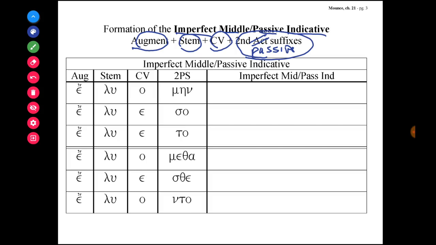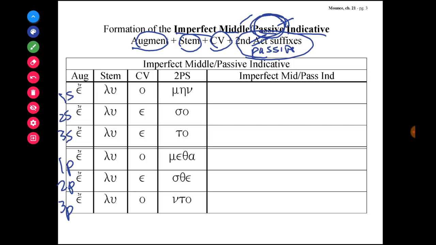And just for simplicity's sake, let's translate the form as a passive, although for each of these forms, the first person singular, second person singular, third person singular, first person plural, second person plural, third person plural, these forms can either be translated in a passive way or a middle way, and context will tell you. But since the passive translation is the more frequent translation, we'll be translating in the passive way.